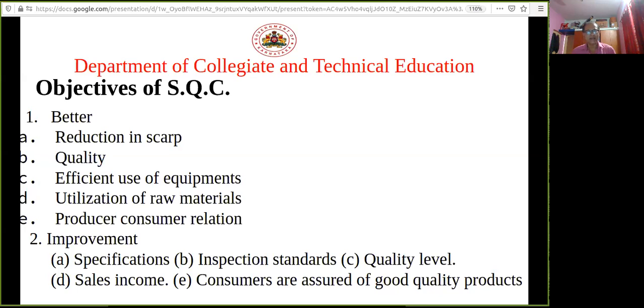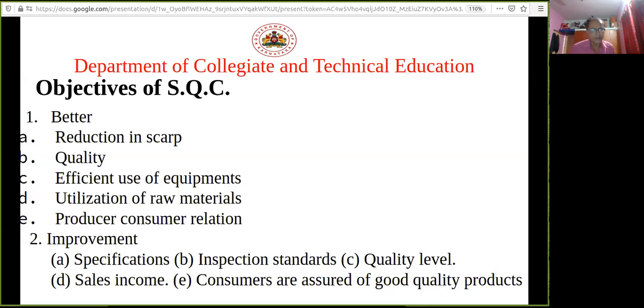B says better quality. C says efficient use of the equipment. Then D, better utilization of the raw material. And then E, producer-customer relationship.